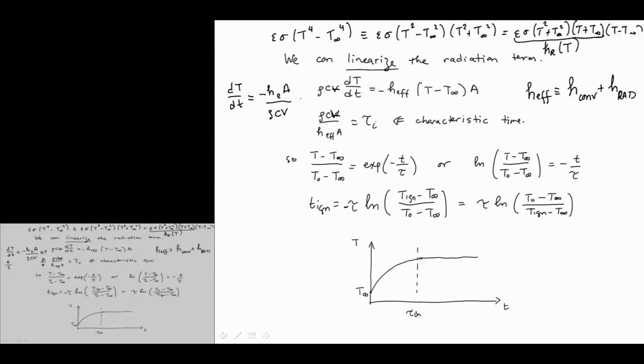So we can infer that rho CV over hA has units of time, and that is our characteristic time. We understand that the solution of this is a simple exponential.